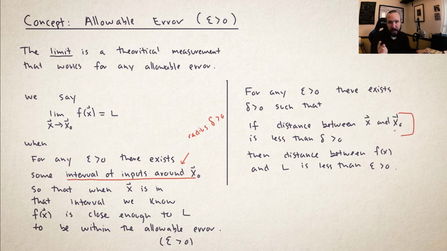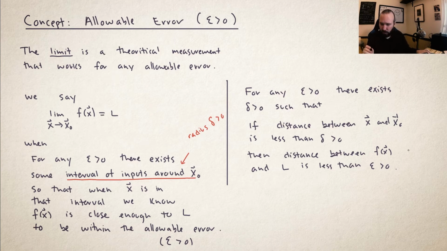So long as I put my saw in the right place, so long as I am close to the correct input value, I can guarantee that the function will be close to the limit. And what do I mean by close? What I mean is the distance between them is less than the allowable error. I missed a little vector symbol right there. That can be a vector.